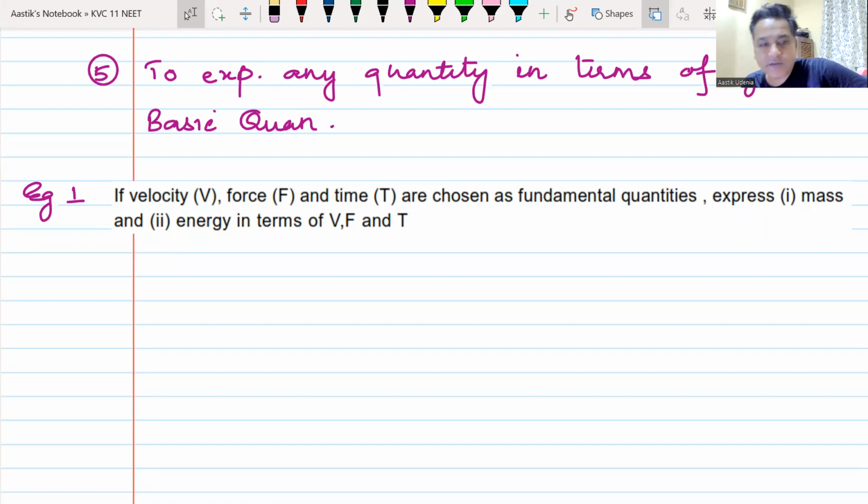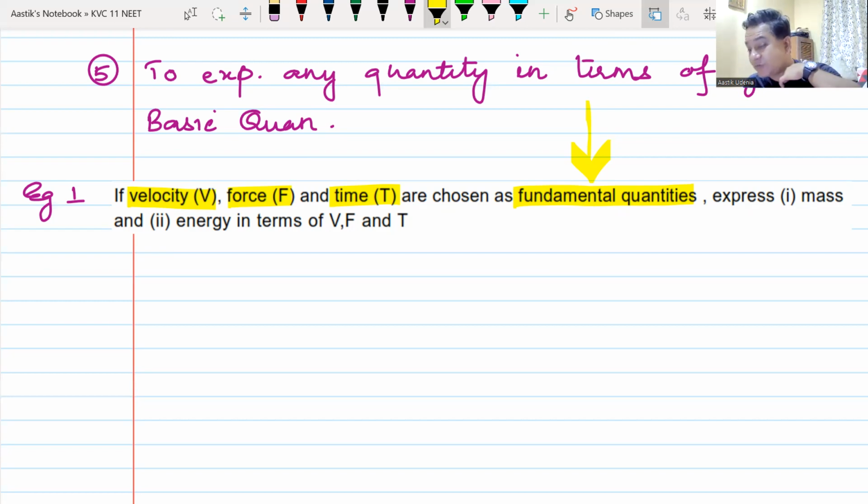If velocity V, force F, and time T are taken as my new fundamental quantities. I will give you a note later on what type of quantities you can choose and what type of quantities you cannot choose in this type of question.